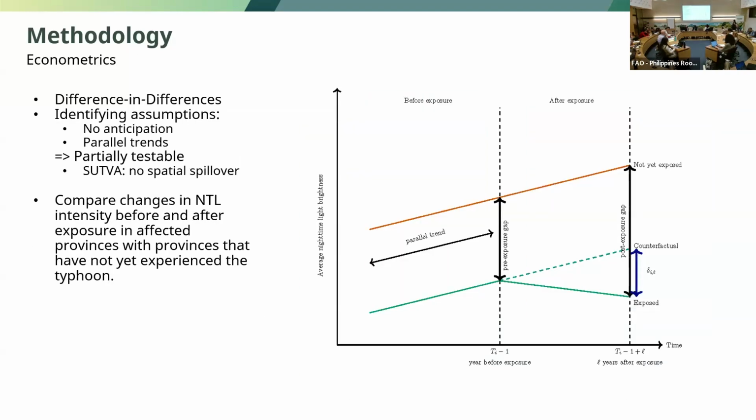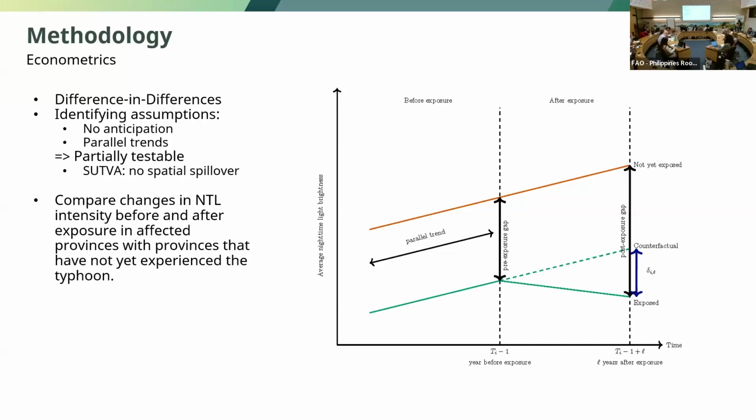So in terms of methodology, we use the difference-in-differences framework, and we have the common identifying assumptions: no anticipation, parallel trends, which are partially testable by looking at the pre-exposure period, and also SUTVA.